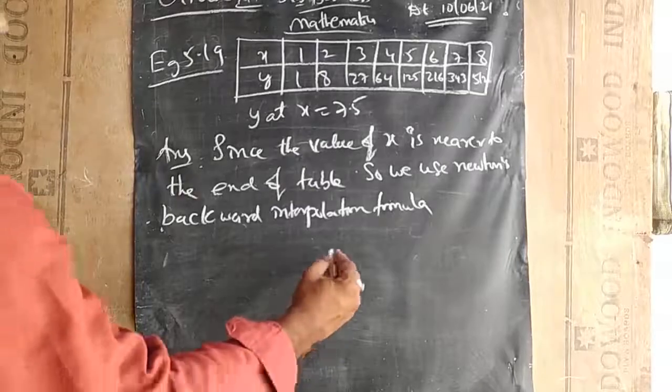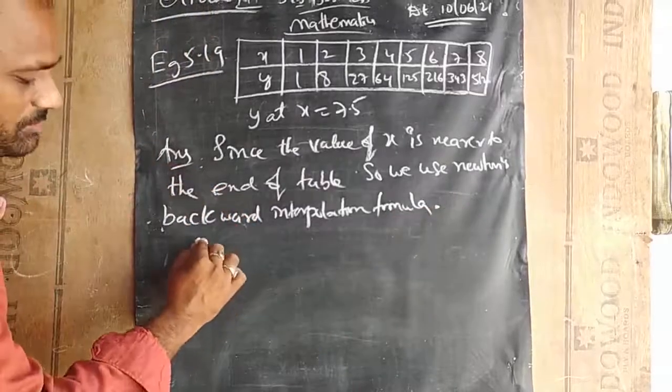So what is the formula for Newton's backward interpolation formula?